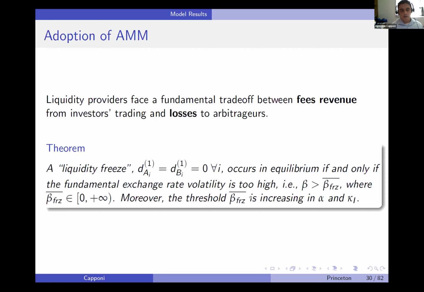And this threshold at which you stop providing liquidity is actually increasing in the trading volume. The trading volume is alpha, which is the utility that the investors are getting, and capital I, which is the probability at which the investor comes. So if there is more trading volume, then you tend to provide more liquidity, right? You defer the liquidity freeze threshold to a larger value.